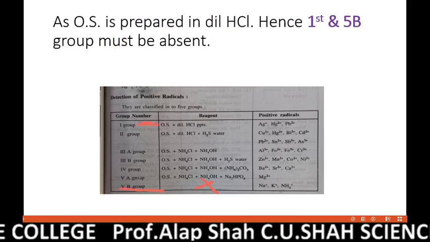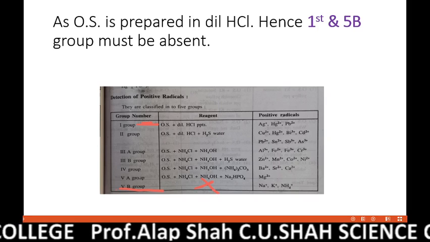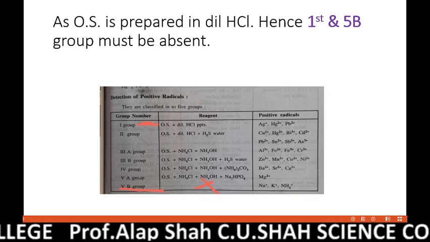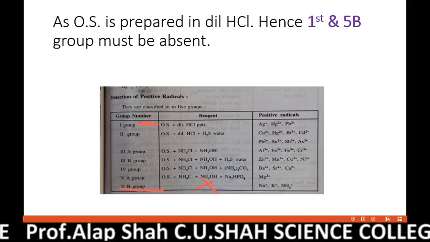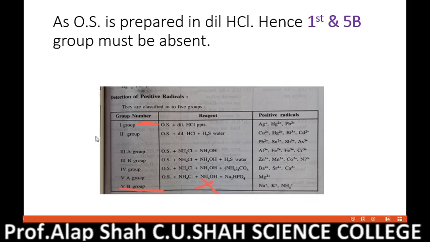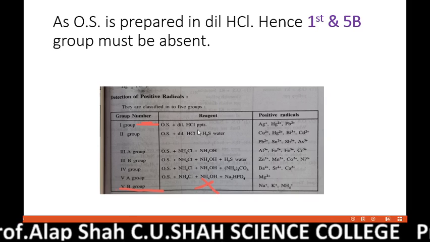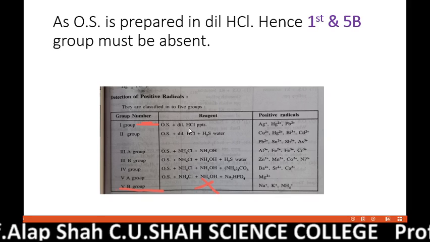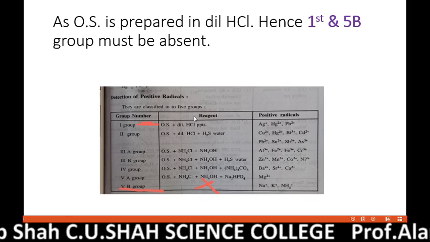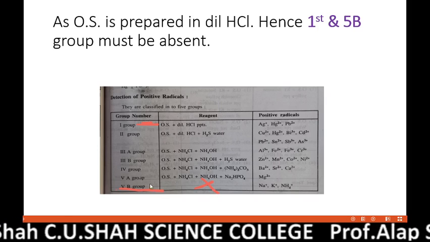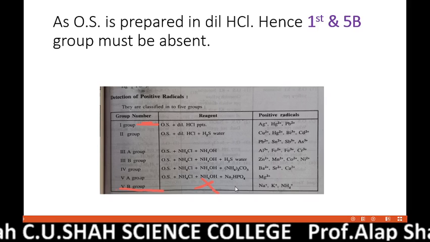When you check the group of the positive radicals, always remember that since you have prepared original solution in the dilute HCl, first group cannot be present because the reagent is HCl, and also fifth group cannot be present.